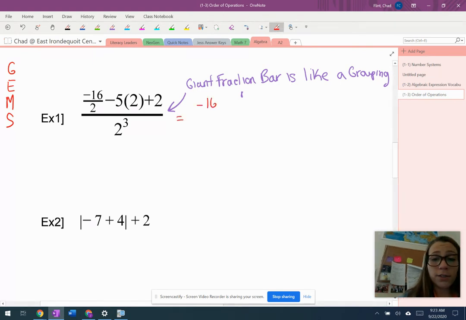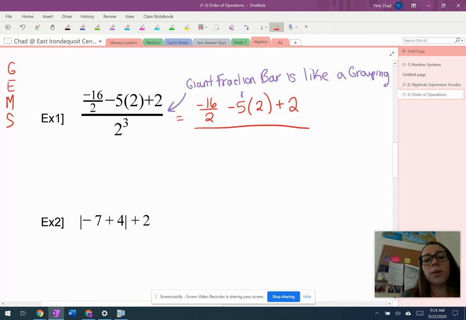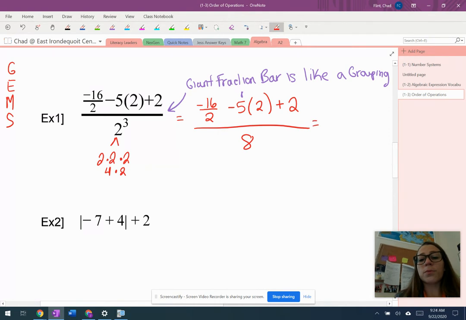I've got negative 16 divided by 2 minus 5 times 2 plus 2 all over. And this is where you can be using the calculator. 2 to the third power is 2 times 2 times 2, which is 4 times 2, which is 8. So now again, before I can do that division, I've got to clear that whole top piece up, and I'm going to follow that multiplication or division first.